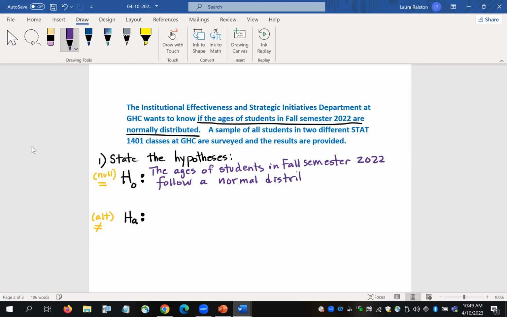That's what you would write. Notice we're writing it out in words. Again, the idea that it follows implies that it's equal or the same as a normal distribution.